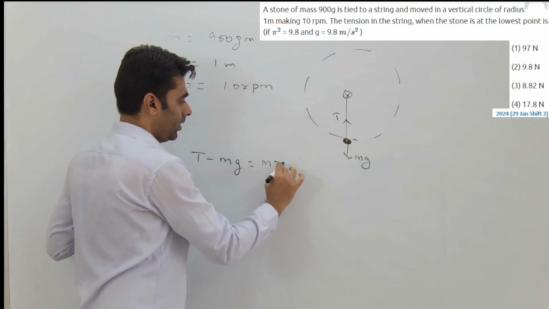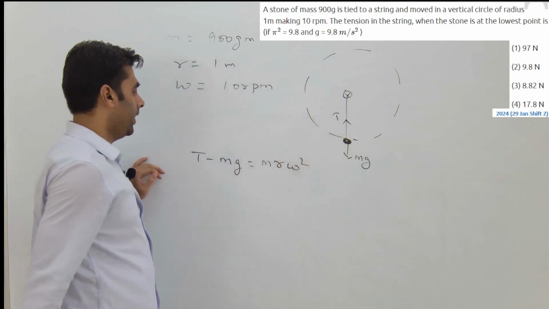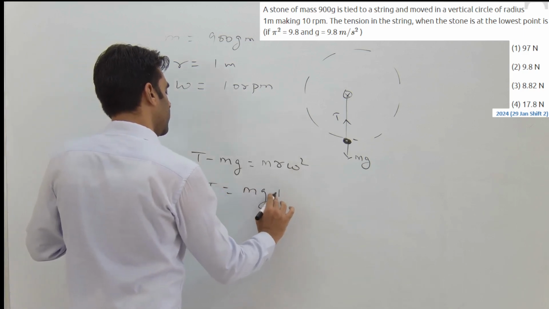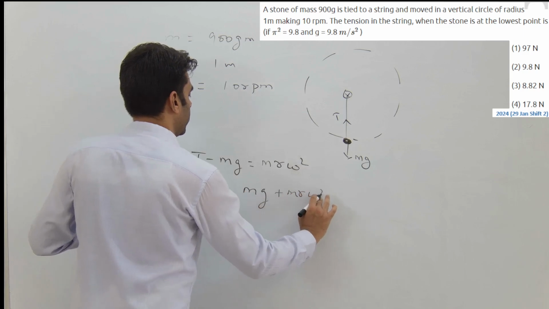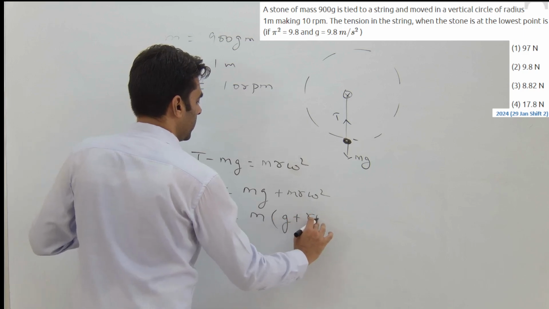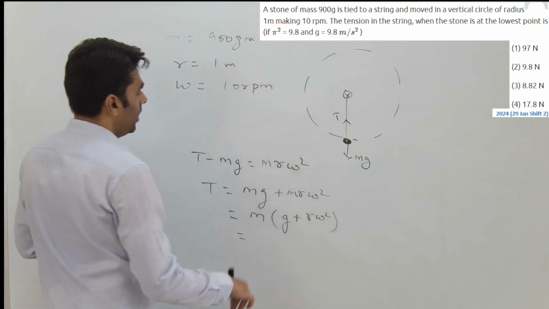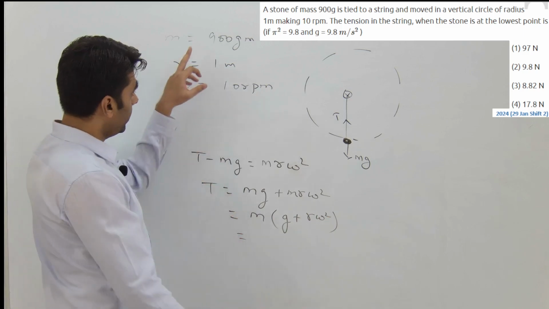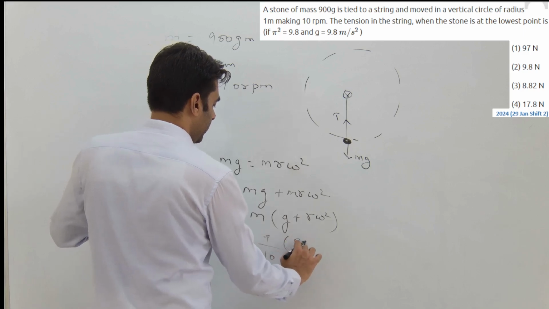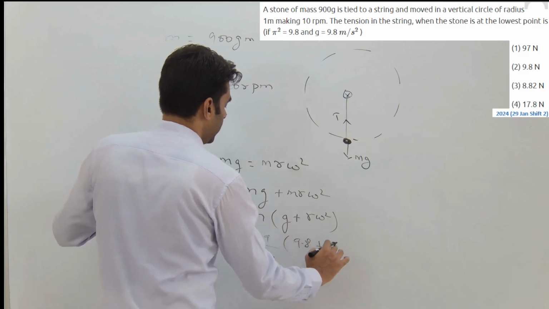So T is equal to mg plus m r omega square. M can be taken common, so this can be written as m times g plus r omega square. Now mass is 900 gram, which is 9 by 10 kg. G is 9.8 plus r is 1 meter, times omega square.